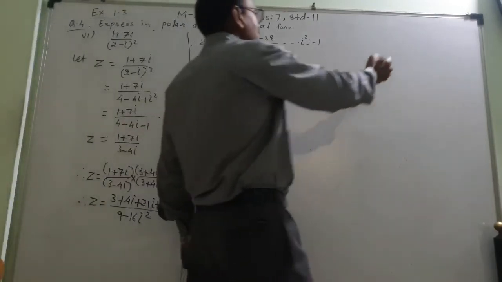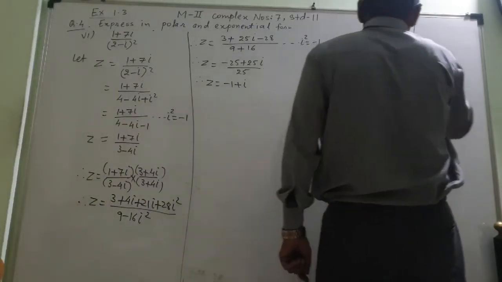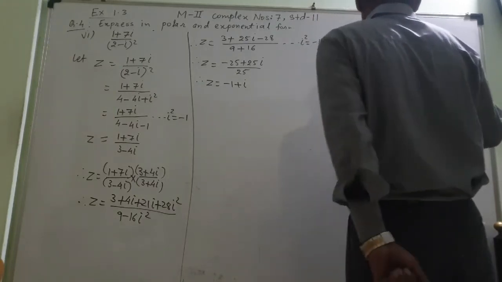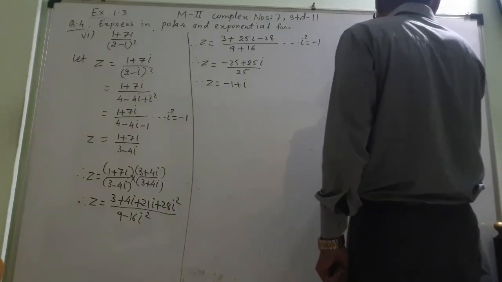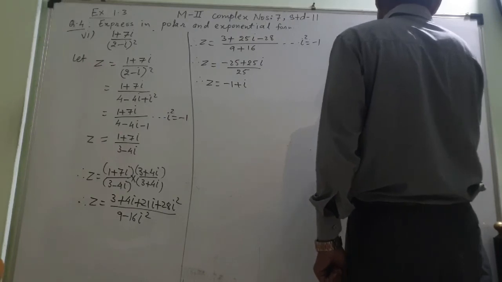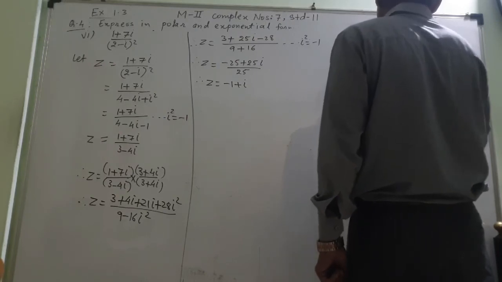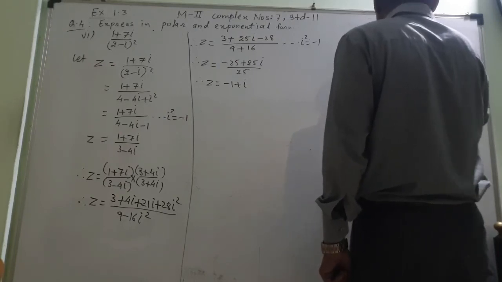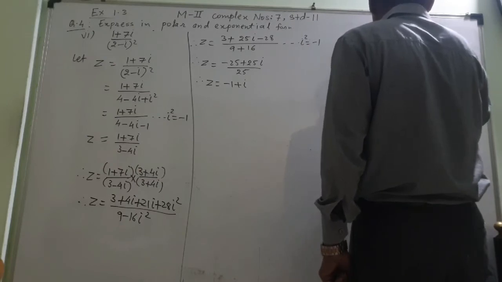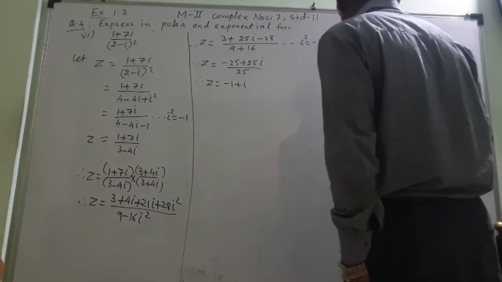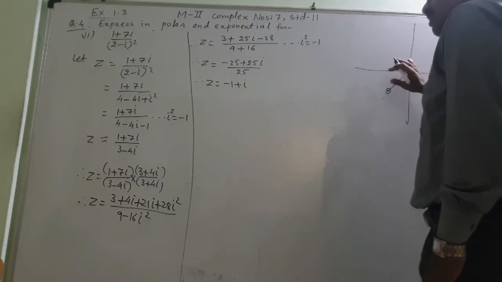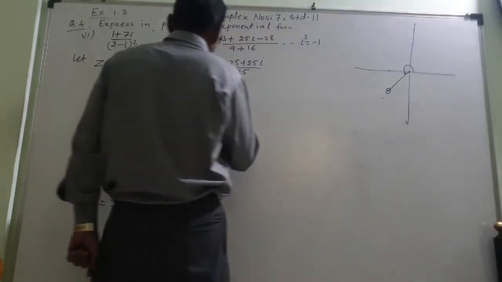Now this is what I will try to find out. Minus 1 here, minus 1 here. So the point is here, and I have to find this angle. Naturally this is, so tan I will find.